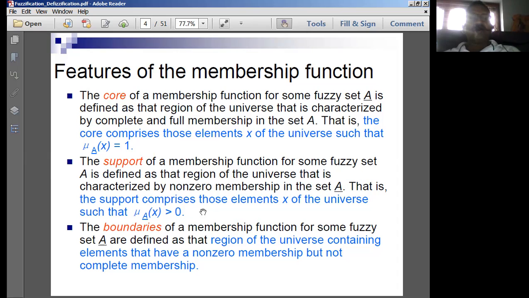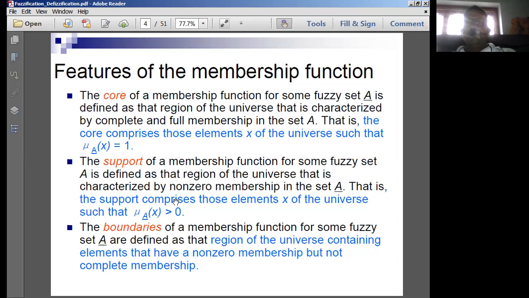Next one is support. The support comprises, now whatever I mentioned in blue color, you have to write in the examination, because you have to explain with respect to the membership function. For a support membership function, we can write: the support comprises those elements x of the universe such that mu A of x is greater than 0.